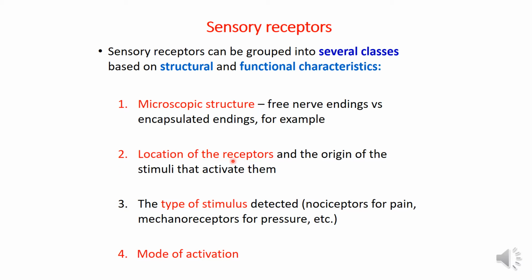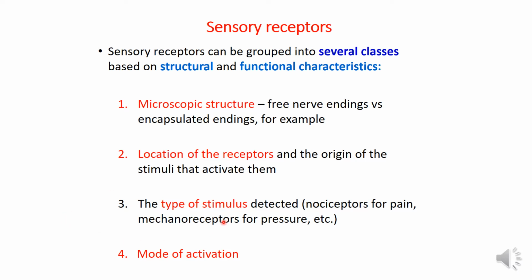Location of the receptors: we have exterior receptors, stimulated by an external source of energy or external change in the environment, and interior receptors, stimulated by internal forms of energy or by change in the internal environment.